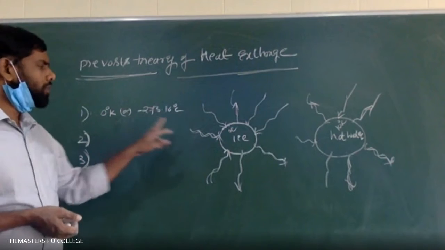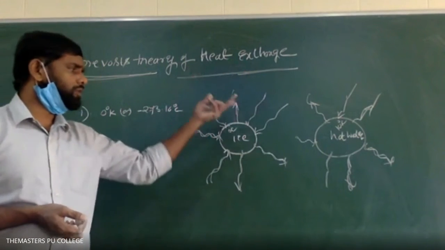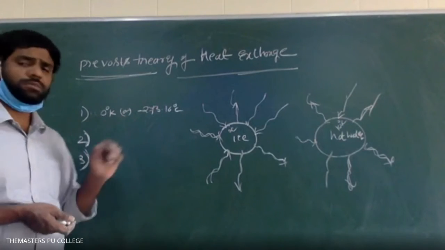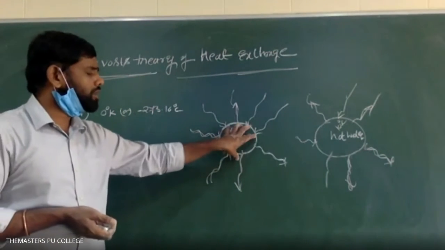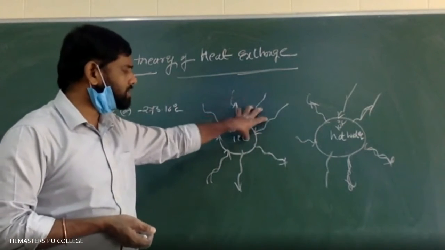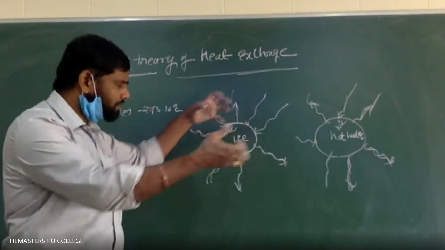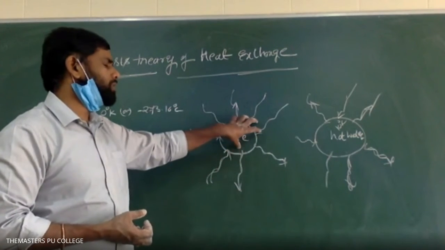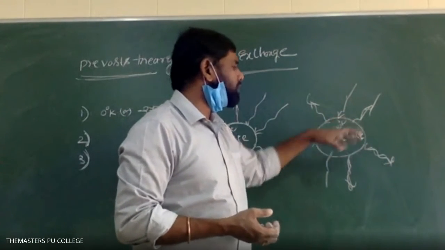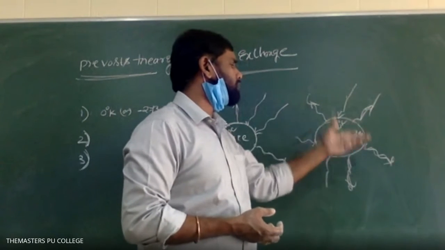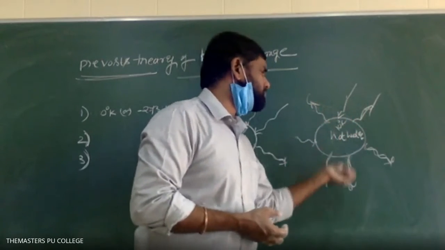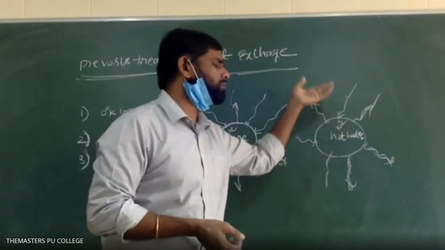Hot body emits hot radiation, cold body emits cold radiation. Whenever the amount of radiation emitted by the object is less than the amount absorbed, the temperature of the object will increase. Whenever the amount emitted is more than the amount absorbed, the temperature of the object will fall.